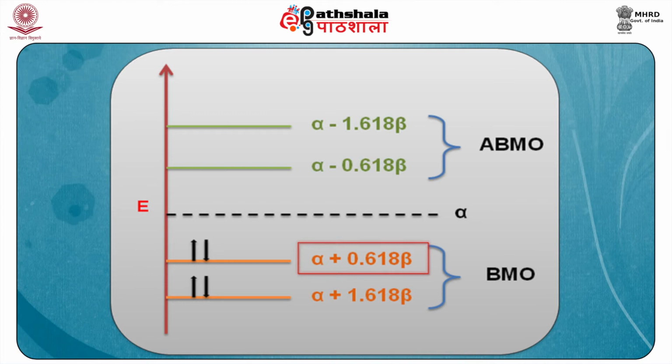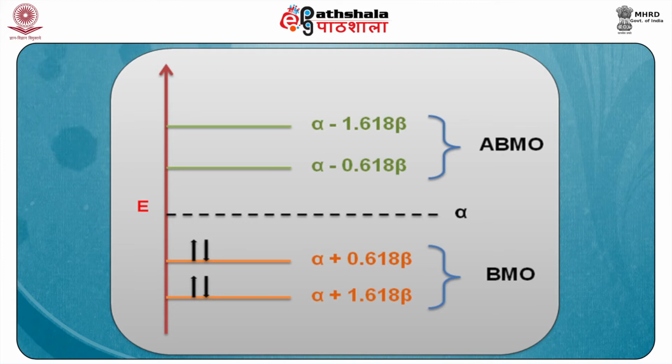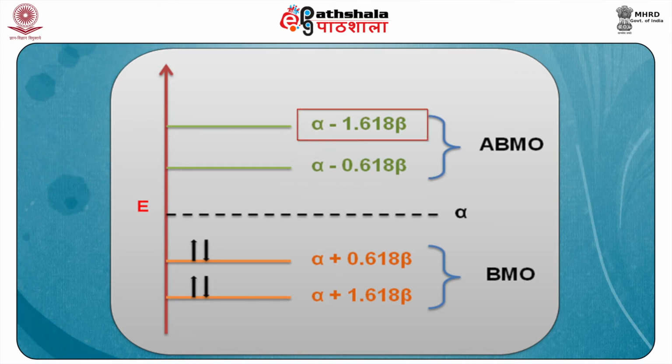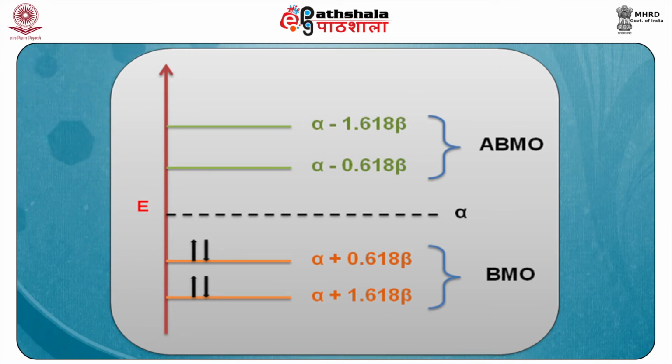This is again a bonding molecular orbital, but since alpha plus 1.618 beta is lower in energy, therefore it is the lowest. And then we have anti-bonding molecular orbitals. The next in energy is alpha minus 0.618 beta, and then we have alpha minus 1.618 beta. So these are the 4 molecular orbitals drawn on the basis of the corresponding Hückel energy level diagram.